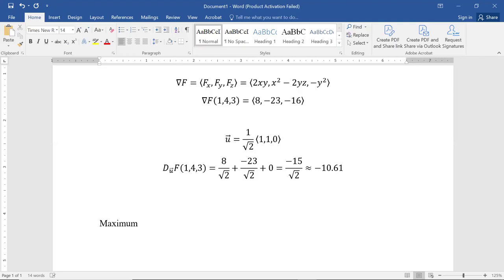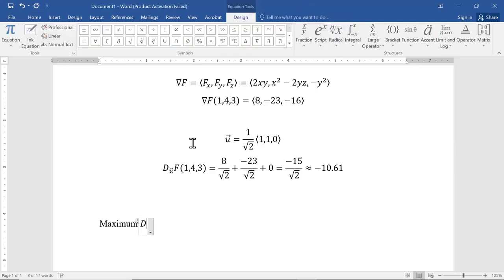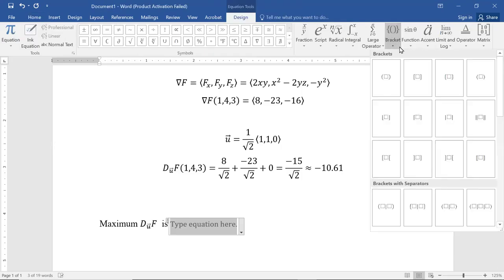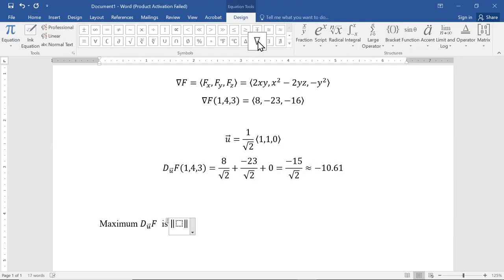The maximum that your directional derivative could be for any u is going to be the magnitude of the gradient of f.